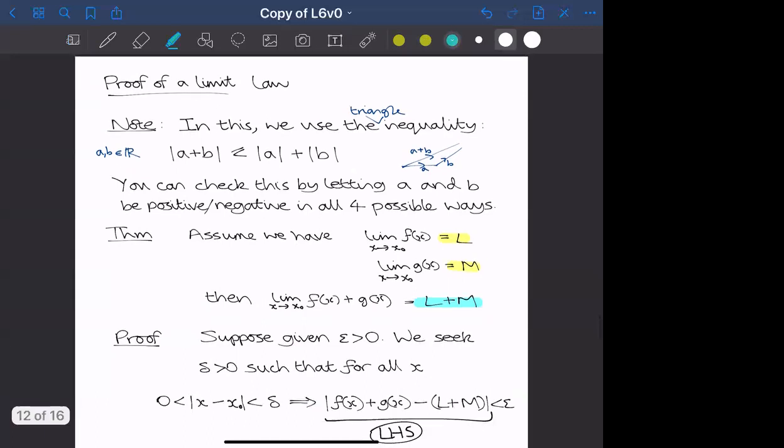But now we can prove it using our precise definition of the limit.